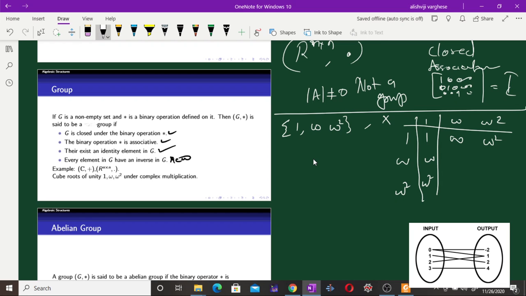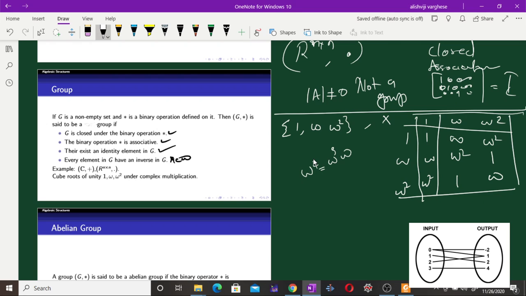Then omega into omega is omega square. Omega into omega square is omega cube, and omega is the cube root of unity, so omega cube is 1. Then omega square into omega is again 1. Then omega square into omega square is omega raised to 4. Omega raised to 4 is omega cube into omega, and omega cube is 1, so it is omega.